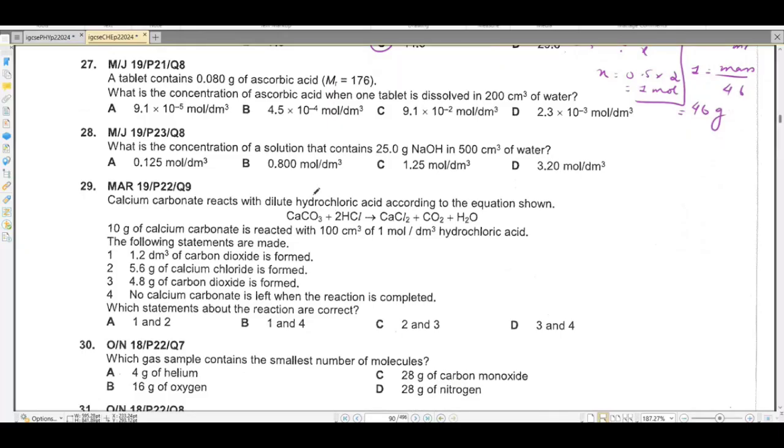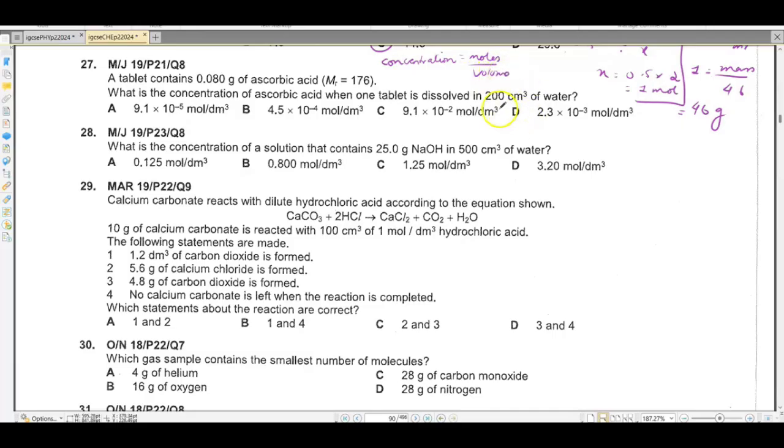Question number 27. A tablet contains 0.080 grams of ascorbic acid. What is the concentration of the ascorbic acid when one tablet is dissolved in 200 centimeter cubes of water? So we have to find the concentration. So the concentration formula is moles over volume.